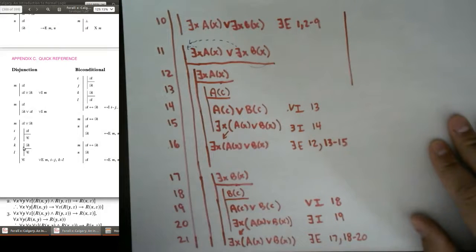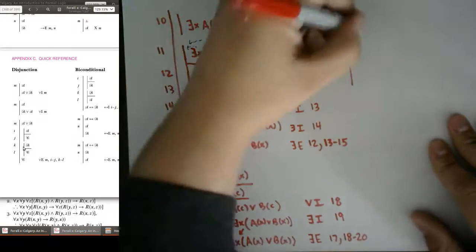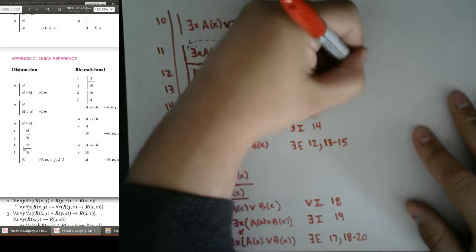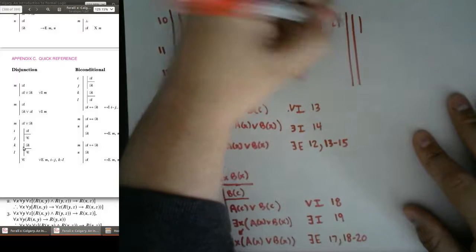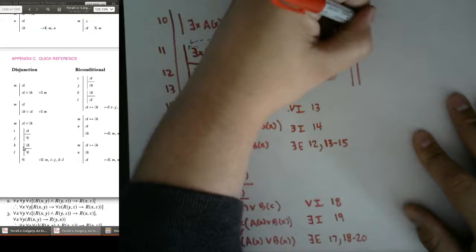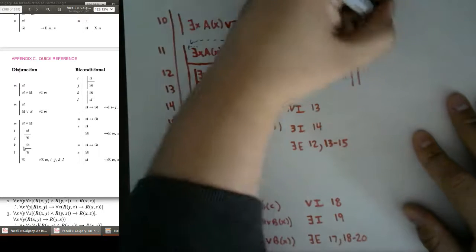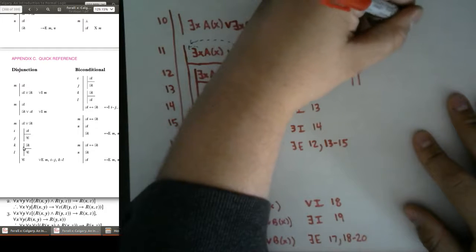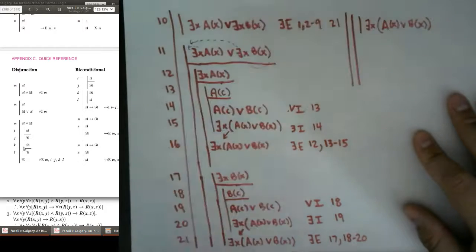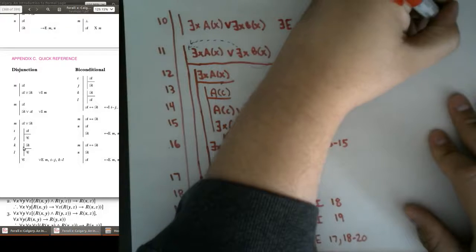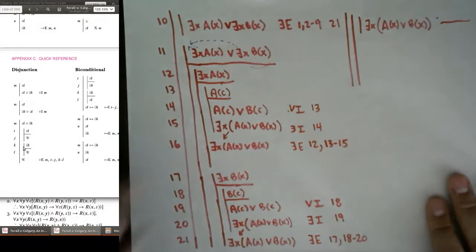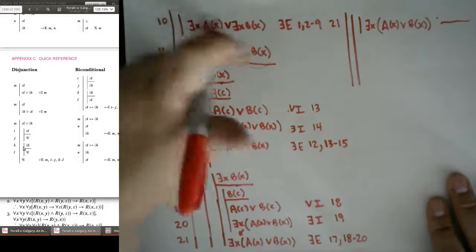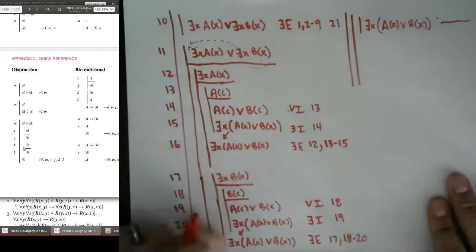So let's see. Let me copy line 21 just to keep it consistent here. So I've arrived at line 21. There exists x, Ax or Bx. And let me not write the justification. Okay, so we've completed the disjunction part, and we've arrived at the same statement in both pieces.